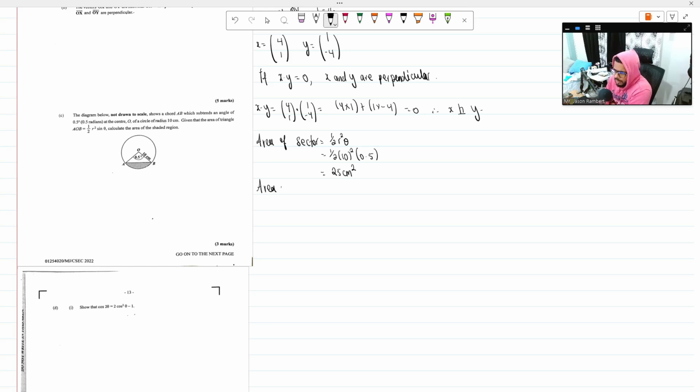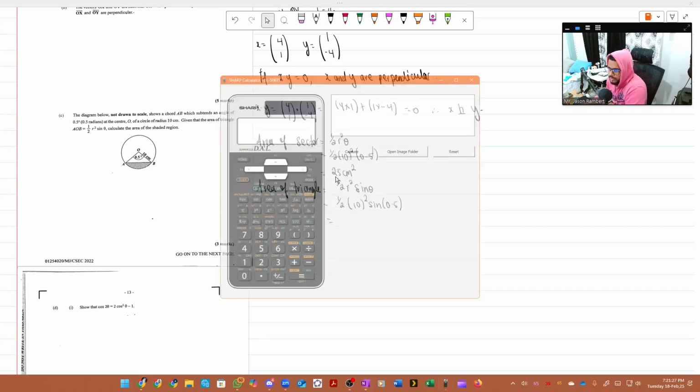The area of the triangle, they give me the formula, is a half r squared sine theta, which is 1 half times 10 squared times sine of 0.5. Now we have to put the calculator in radians in order to do this.